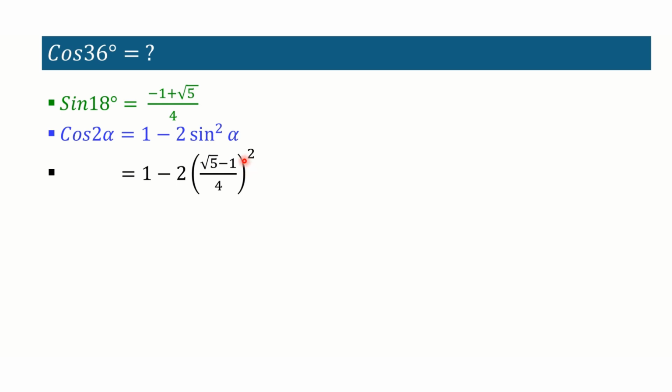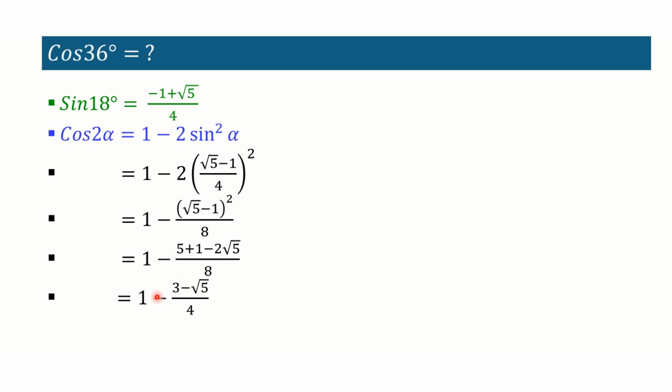Now I can simplify this. So this is 1 minus, 4 square is 16, and 2, if you divide by 2, this will be 8, and this is nothing but a minus b whole square, that is a square plus b square minus 2ab. So if I expand this, a square is 5, b square is 1, minus 2 times root 5, divided by 8.